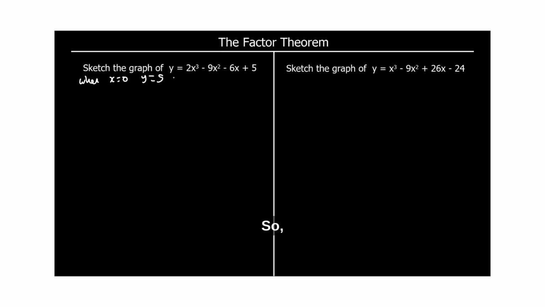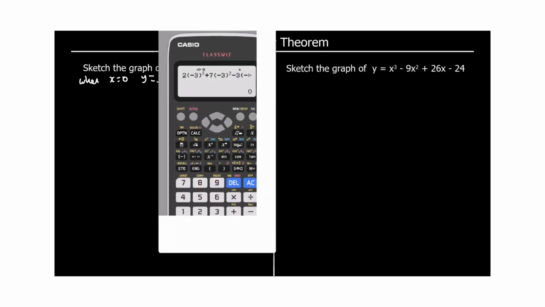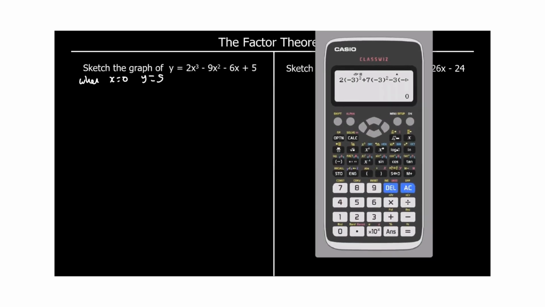So I'm going to find a factor. So I'm going to use the factor theorem. So I've got 2 times something cubed minus 9 times something squared minus 6 times something plus 5. I know 1's not going to work.